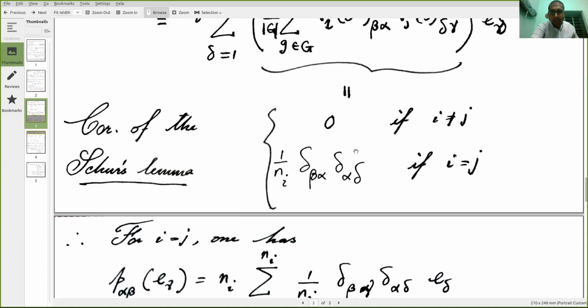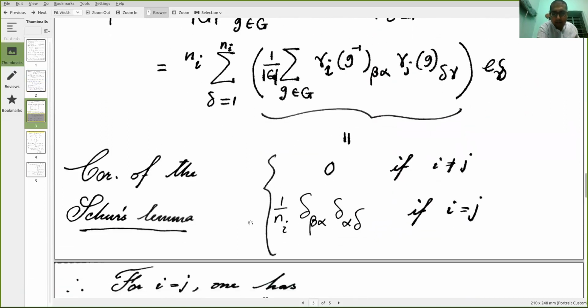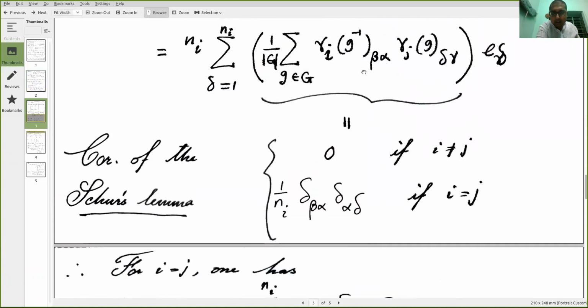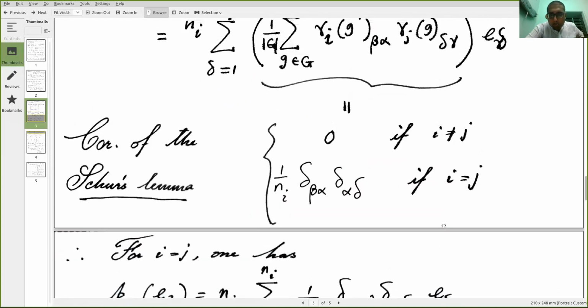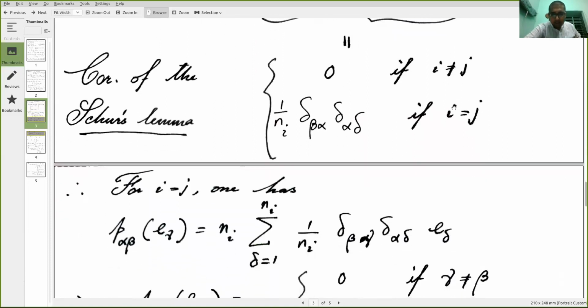So therefore now we will move to the case when i equals j. When i equals j, we also have a formula to deal with such expressions. So this is precisely 1 by n_i delta beta alpha and delta alpha gamma. Sorry, there is a small typo.